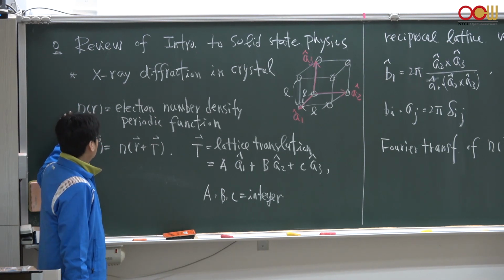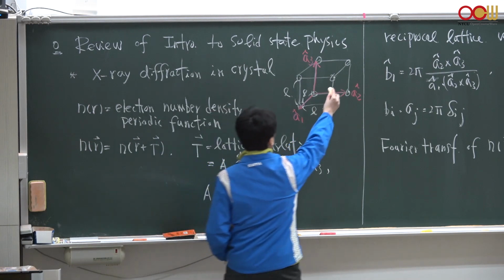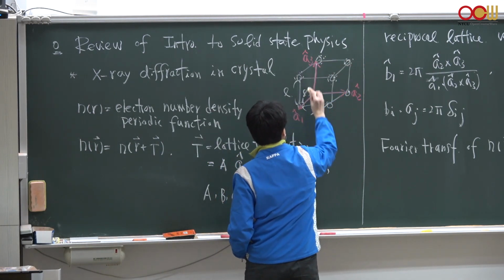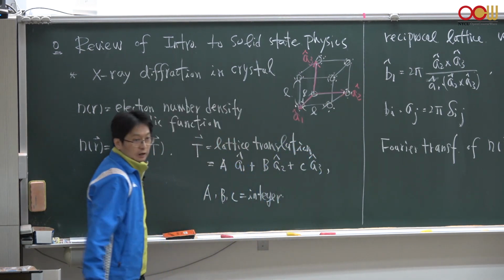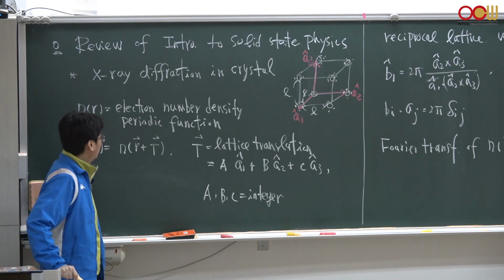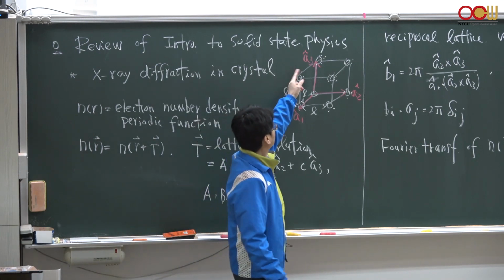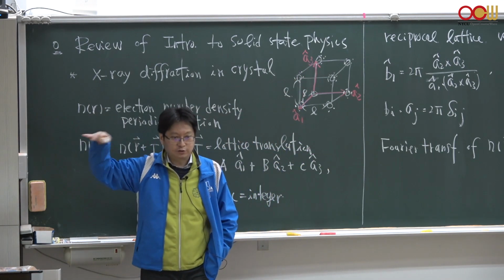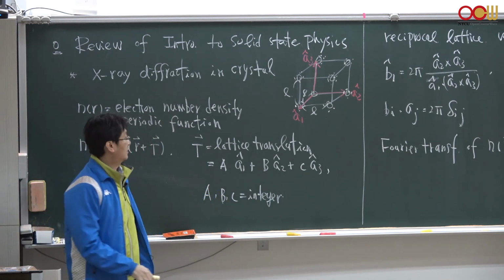Okay, so the electron number density, which is occupied nearby all the ion sites, is actually a periodic function of this real space vector r, because, as you can see very obviously, the electron density actually modulates periodically over the lattice structure.